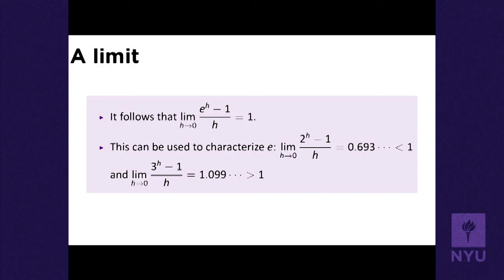And if you assume that this power function is continuous in the base, and it is, then you can use something like the intermediate value theorem to say that there's a base that's in between 2 and 3 for which this limit turns out to be 1, and that would be the number we call e. So you can alternatively define e to be the number which satisfies this equation.